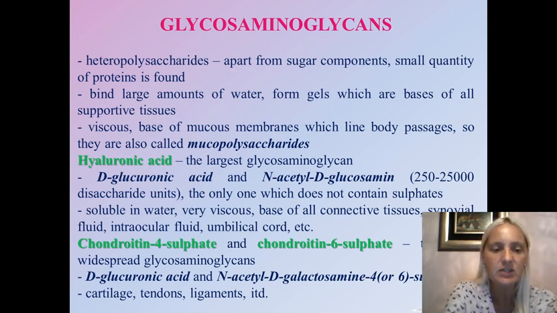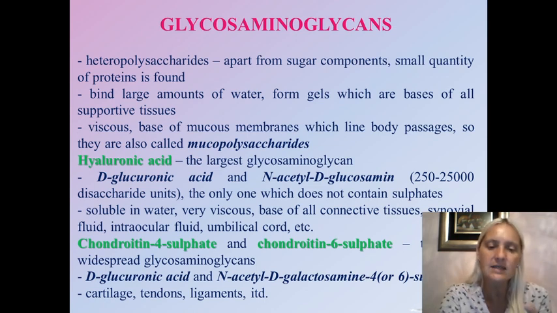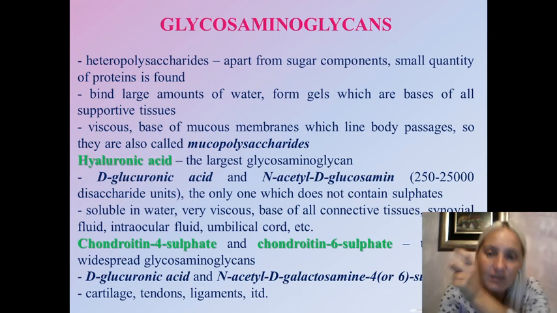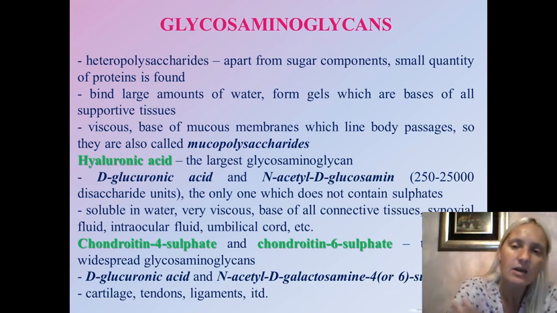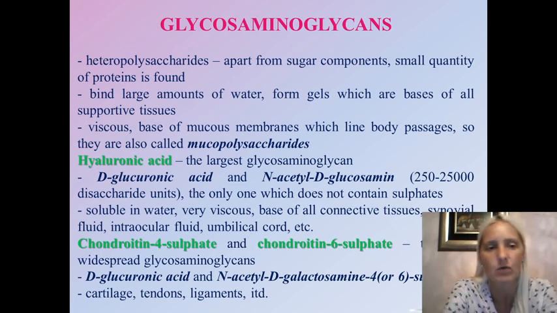Next one to be mentioned is chondroitin 4 and 6 sulfate. They are the most widespread. They contain, again, D-glucuronic acid, but this time acetyl D-galactosamine, plus sulfated at position 4 or 6. And they are found in the structure of cartilage, tendons, ligaments, and so on.